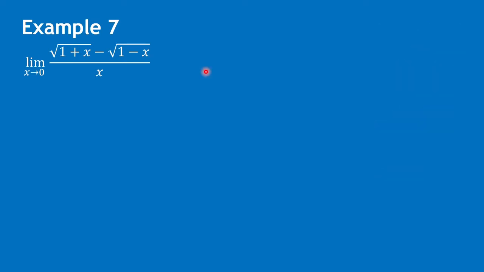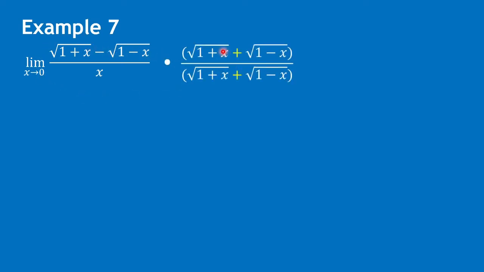To get the limit of this function, we need to multiply this by the conjugate of the numerator. So we have the square root of 1 plus x plus the square root of 1 minus x, all over the square root of 1 plus x plus the square root of 1 minus x.